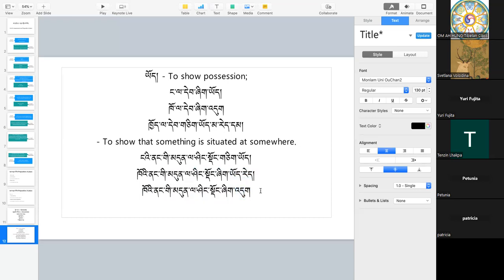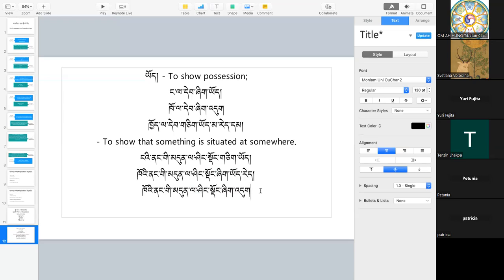So you'll be saying, okay, in that case, why is it that you're using yö and tuk for the third person? Shouldn't it be yö for the first and the second person? And I'll say that definitely.